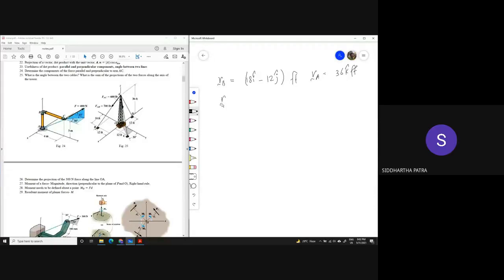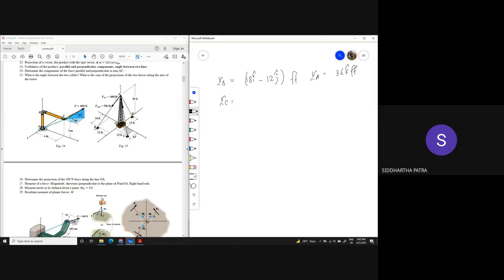Okay. And RC is 12J cap plus 30 I cap? No, it's not 12J cap. You see, what it means is that the distance from the origin is 12 feet. So RC is in the X direction.